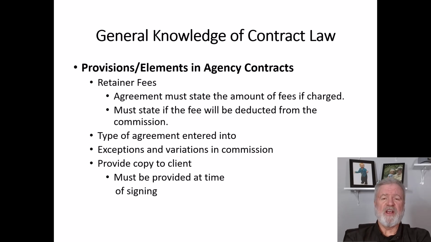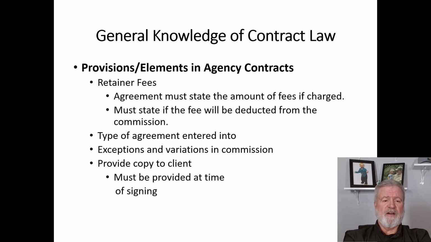That's just some variation where I'll charge you X amount if this happens, but I'll charge you this amount if this happens. So whatever those variations are, they must be very clear in writing and made part of the contract.